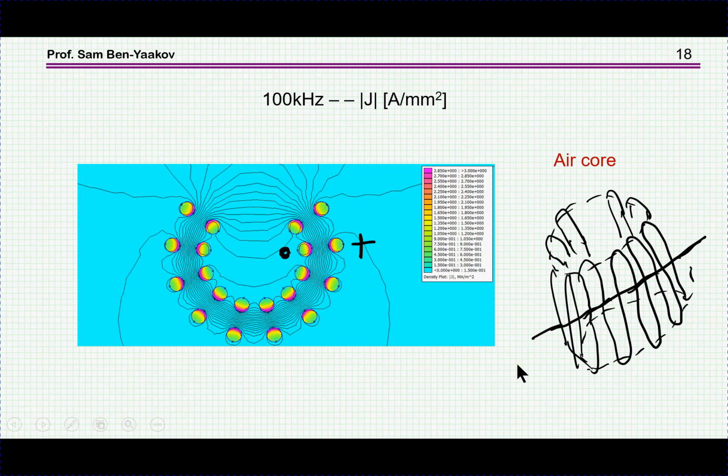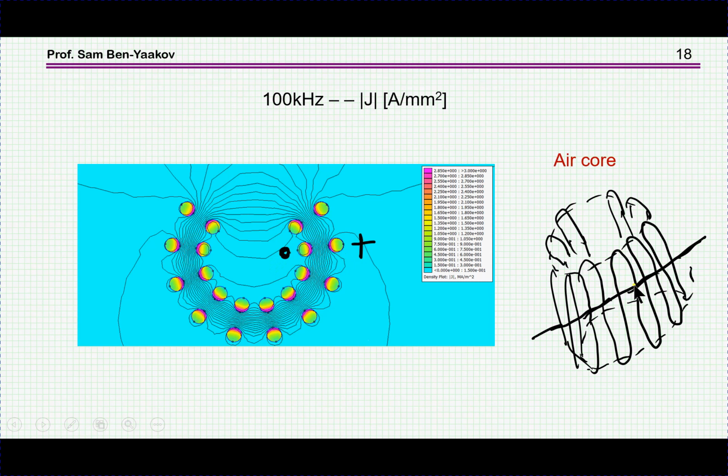So let's first look at the case of an air core. This is an air core which is shaped a little bit like the toroid, but there is no core, that is, everything is air. And what we see here for 100 kilohertz is the crowding of the charge carriers. This, of course, is the case of the current going in, and here it will be current coming out, because this is like a turn. It's a long turn. So it's going here and back.